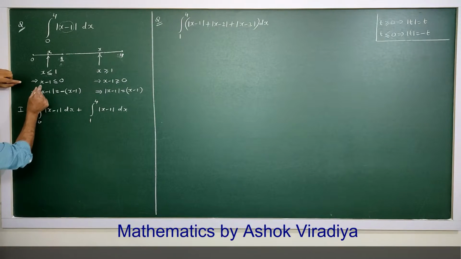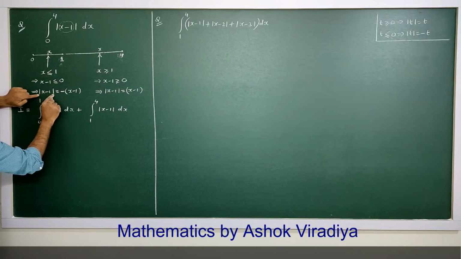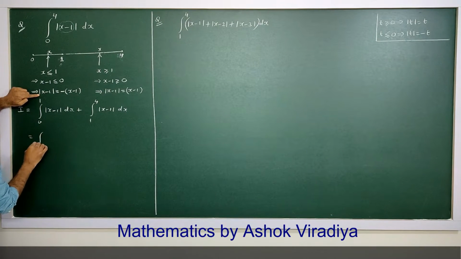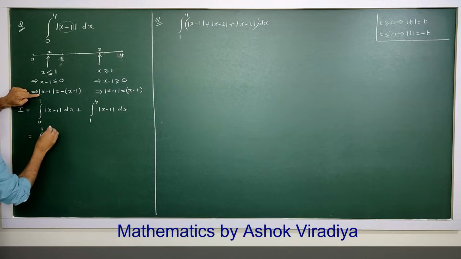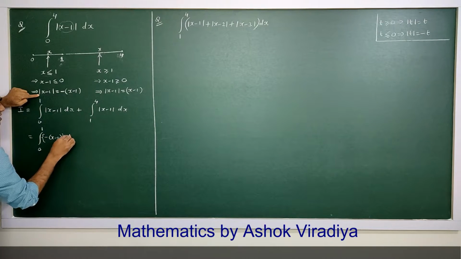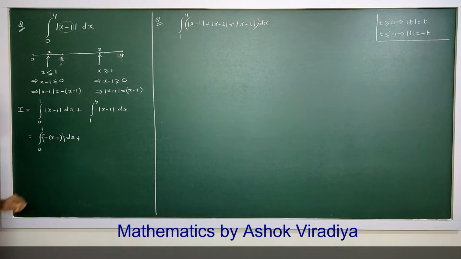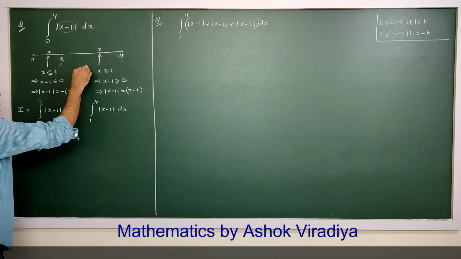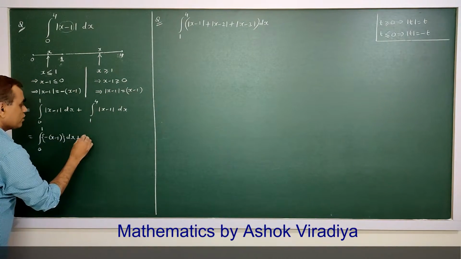Now in 0 to 1, modulus x minus 1 is minus of x minus 1. So here I will keep minus of x minus 1 dx, and in the interval 1 to 4, modulus x minus 1 is x minus 1.